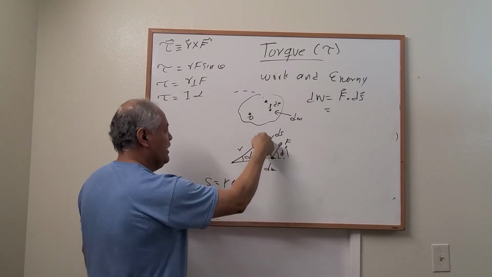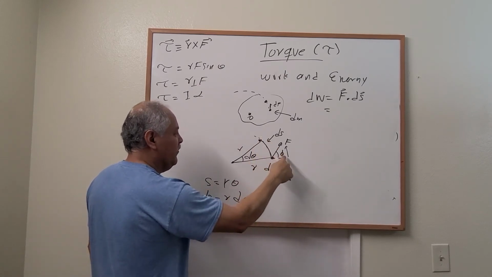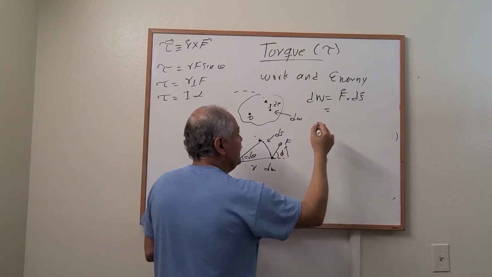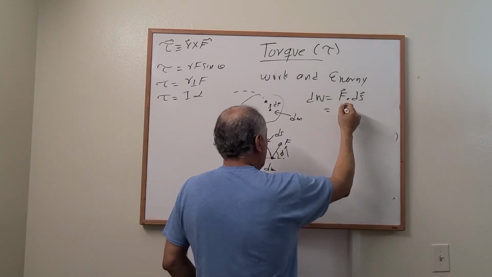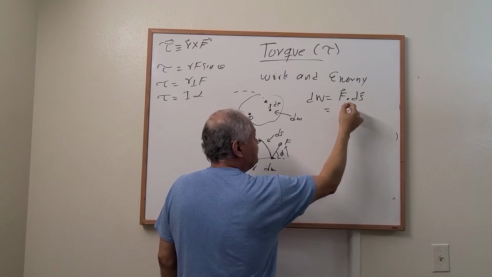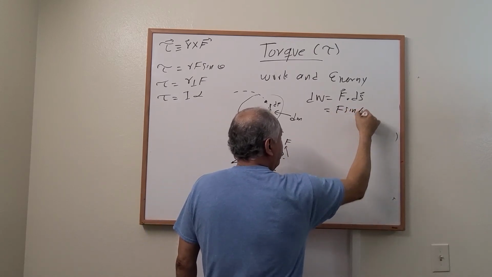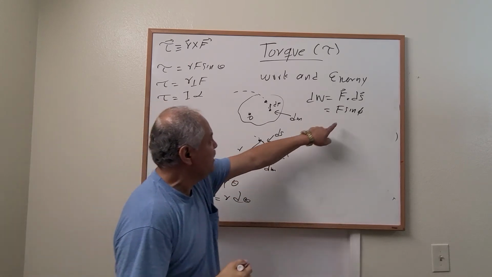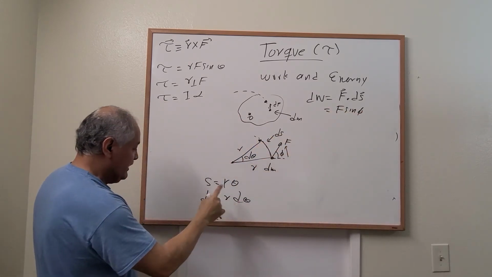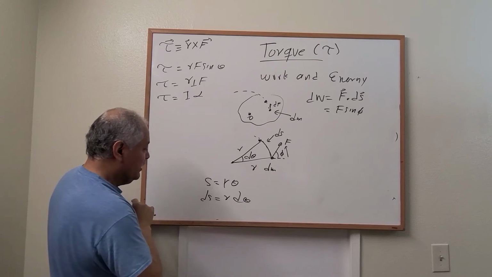So the force is going to be perpendicular. It's going to be F sine phi, correct? And what should be this ds? ds is r d theta.